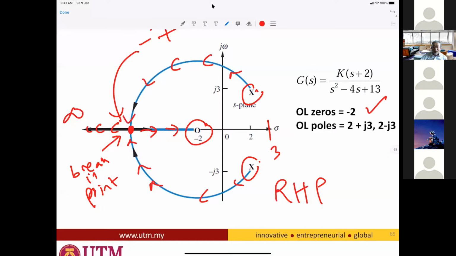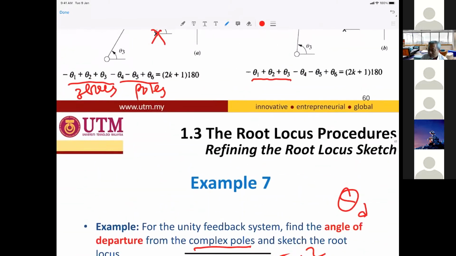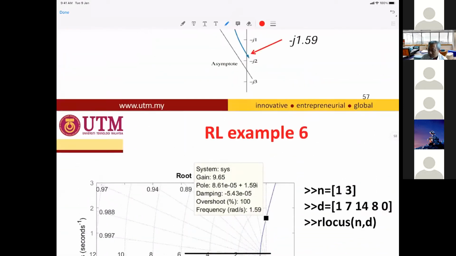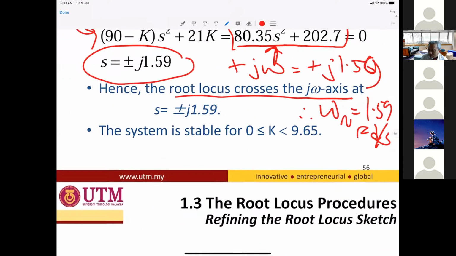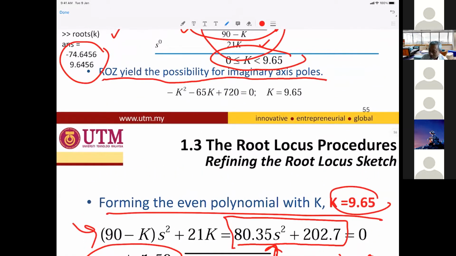Doctor, can I ask something in rule 7? The rules of 7: the intersection between the root locus and the imaginary axis.